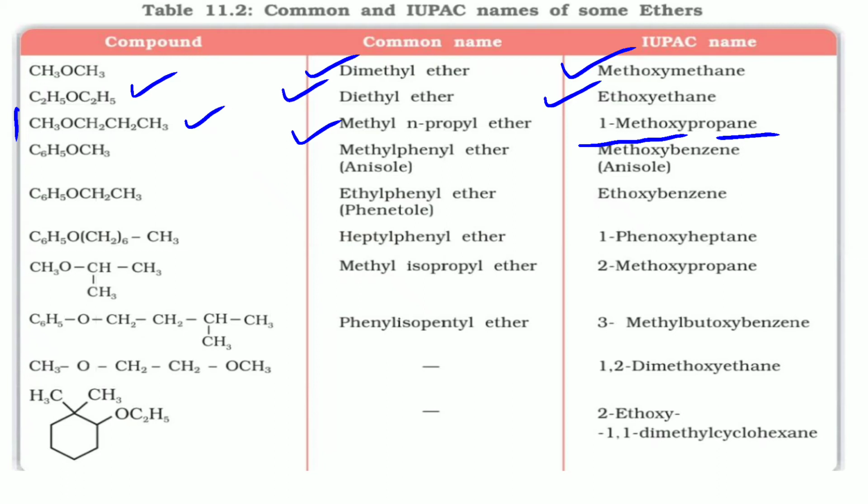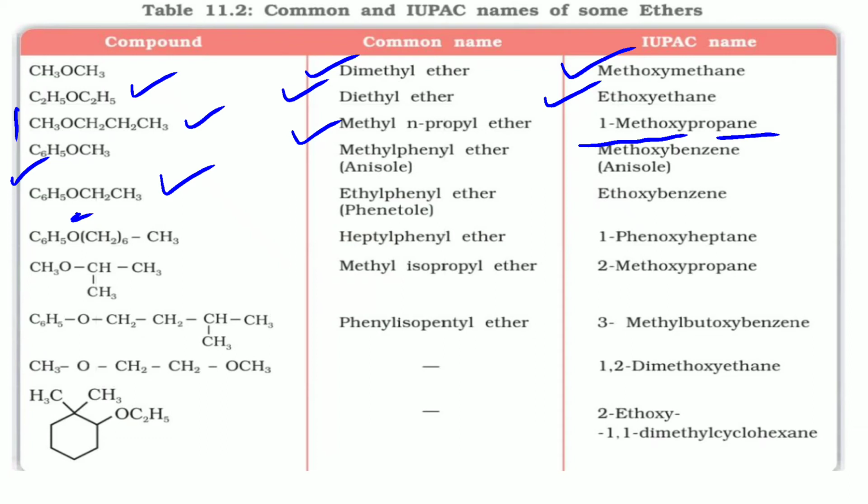Similarly, here you can see the benzene ring is attached with C2H5, so it is ethyl phenyl ether. This is ethyl, this is the phenyl group, and O represents ether, so it is ethyl phenyl ether in common name.